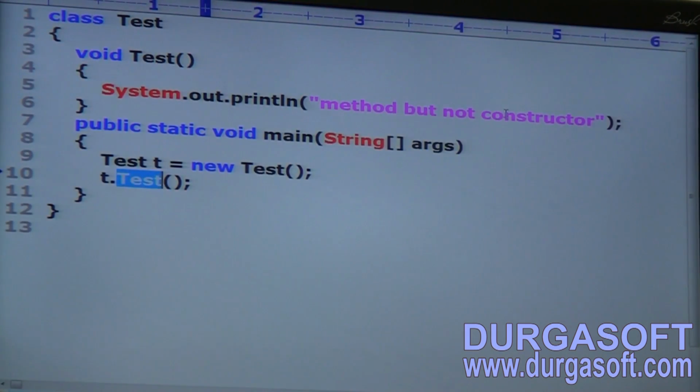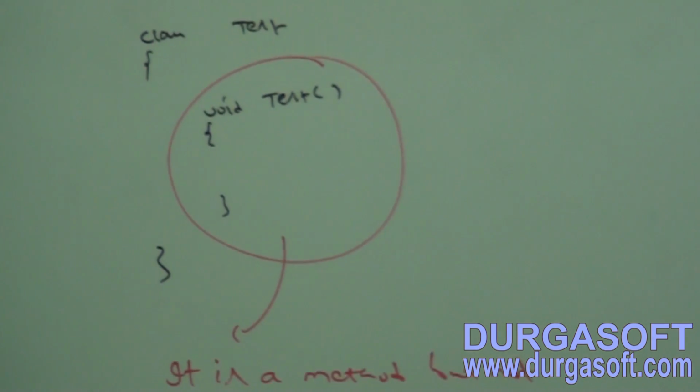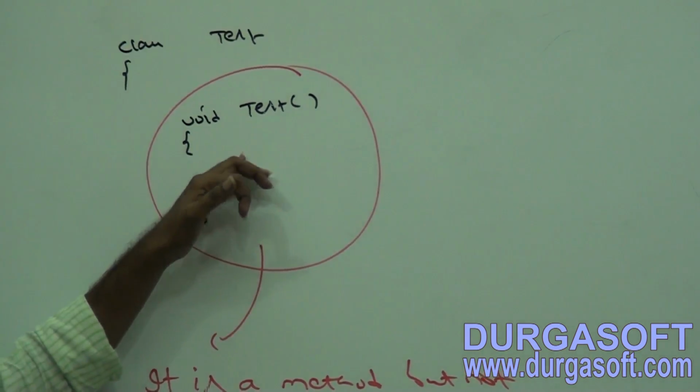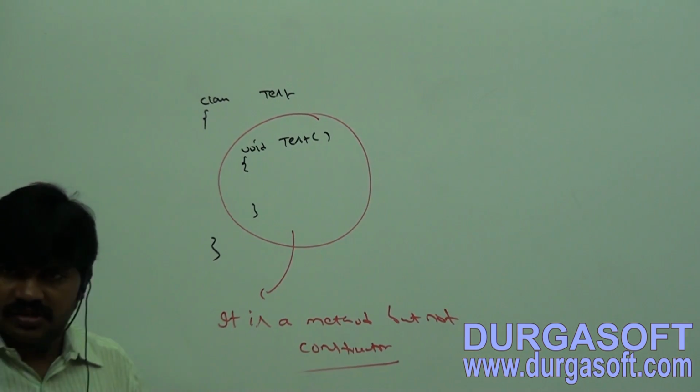So by mistake, if we are taking a return type for the constructor, we won't get any compile time error because it is a method but not a constructor. Are you getting that?